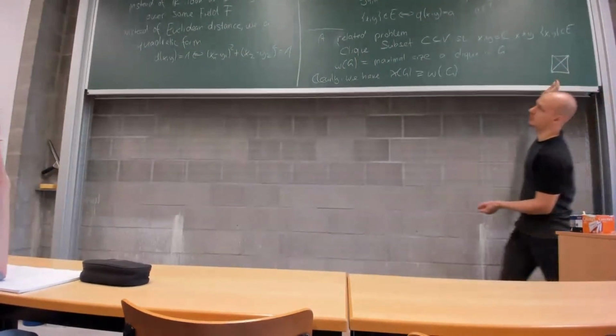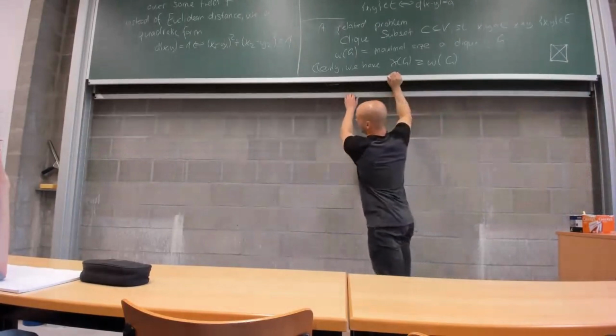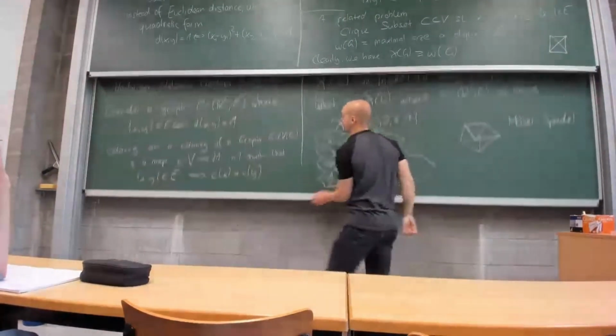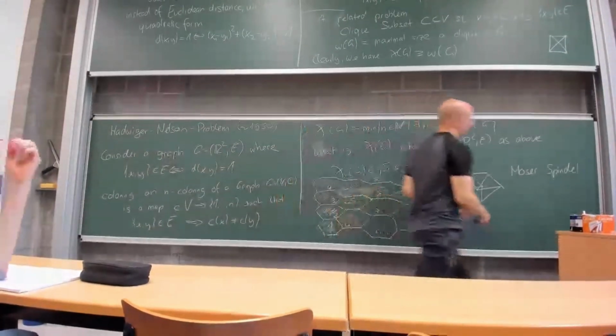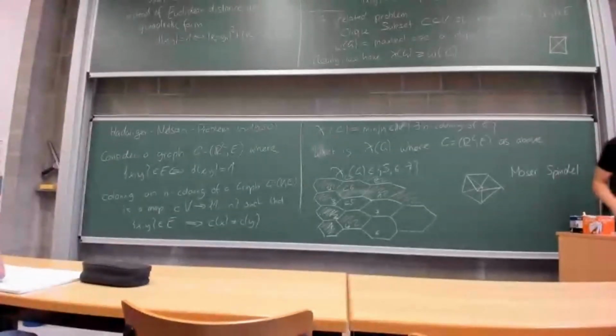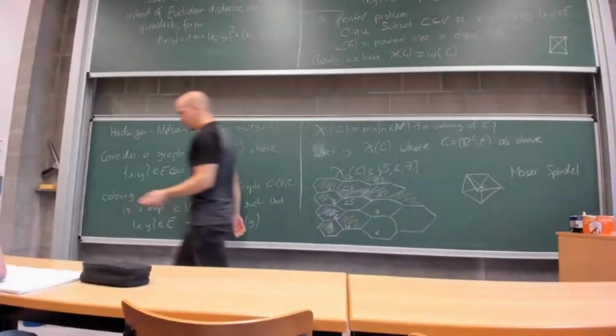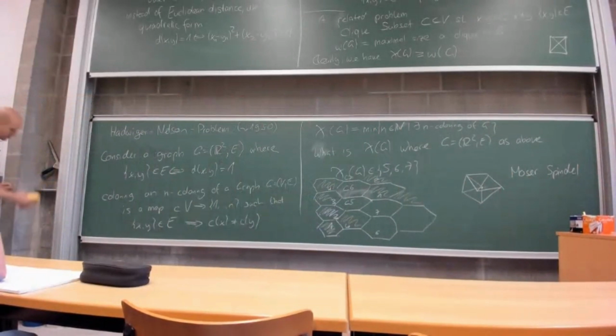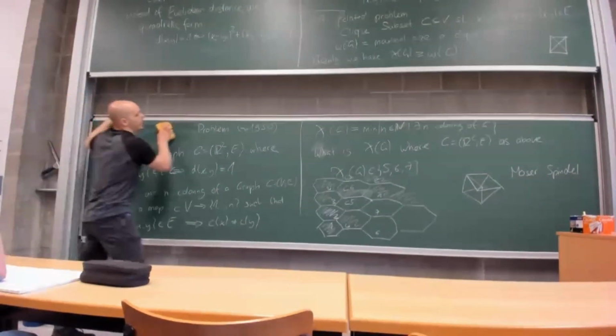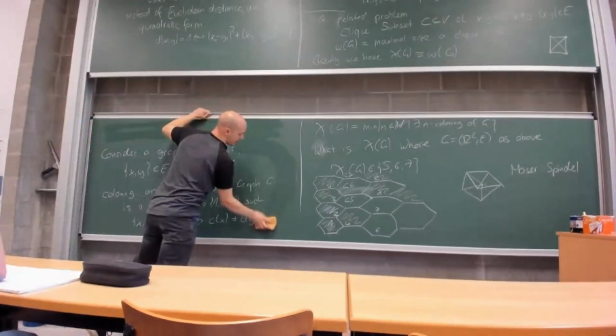So in order to gain some knowledge about the chromatic number, one can try to find out something about the clique numbers.